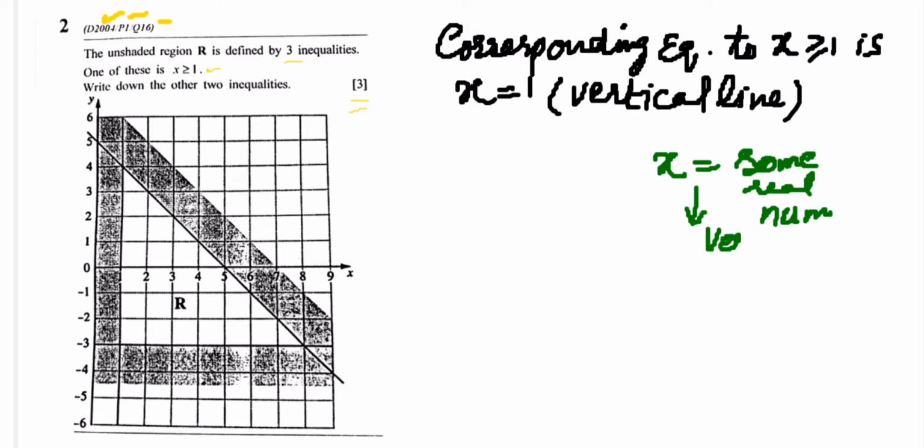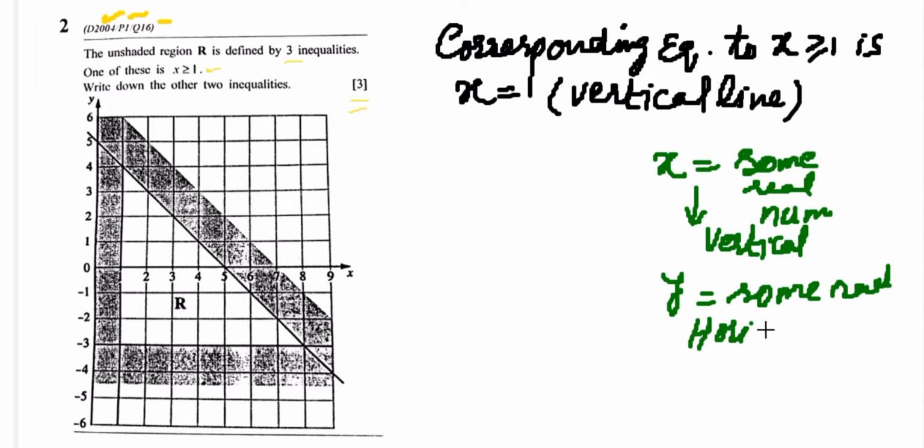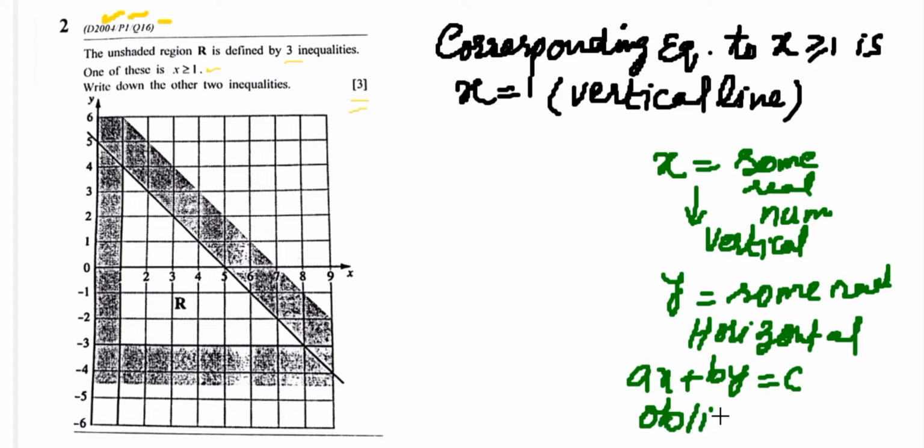The second one is y equal to some real number. This is always a horizontal line. And the next one consists of both variables at the same time, ax plus by equal to c. This is always an oblique line, or you can say a slanting line.